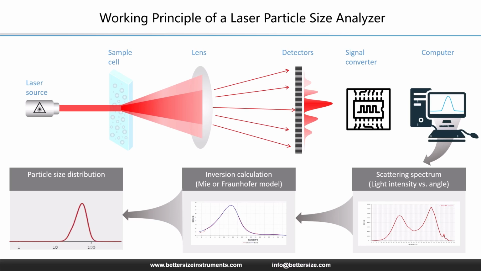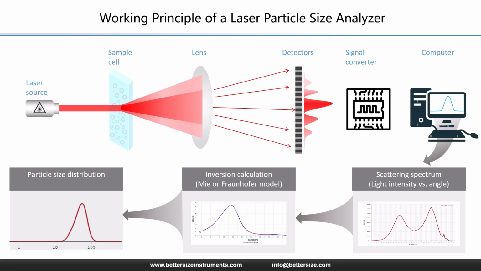This is where the algorithm of the Bettersizer takes over. The software performs an inversion calculation. It asks a complex mathematical question: based on the Mie and Fraunhofer theory, what combination of particle sizes would create exactly this spectrum?